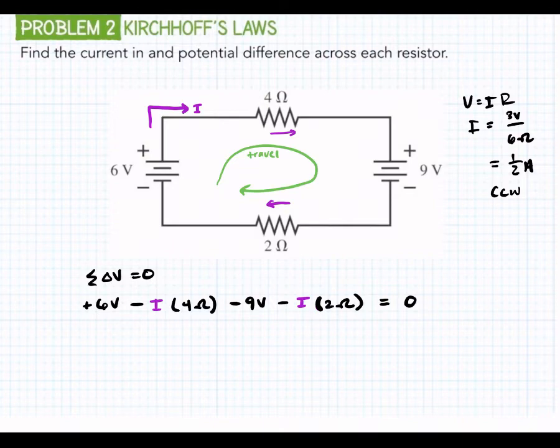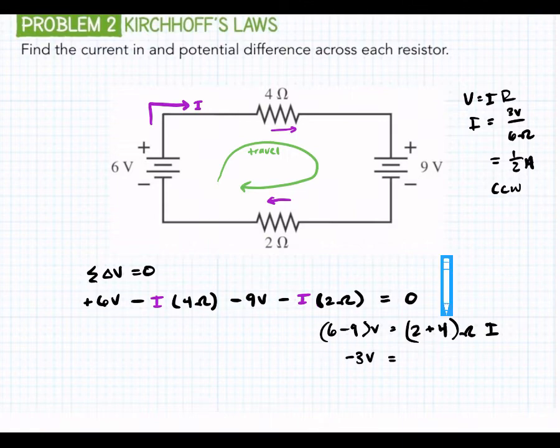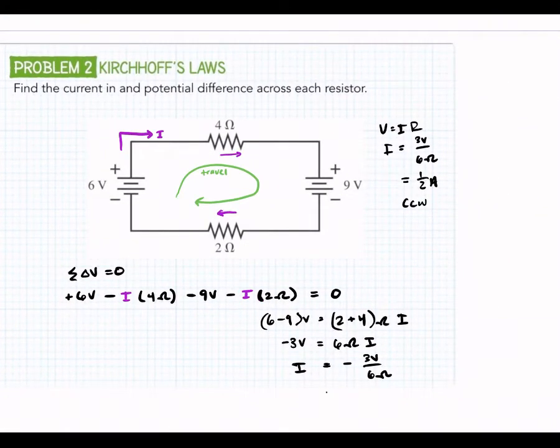So we'll start and say, get 6 minus 9, and that's volts, is going to be equal to 2 plus 4 ohms times I. Well, this is going to give us negative 3 volts is equal to 6 ohms I. So I is going to be equal to negative 3 volts over 6 ohms, also known as negative 1/2 amp.